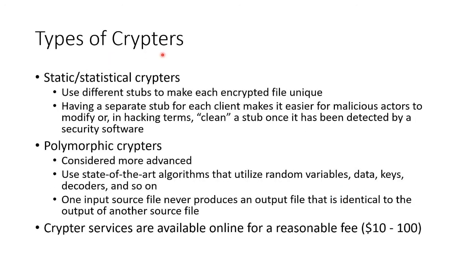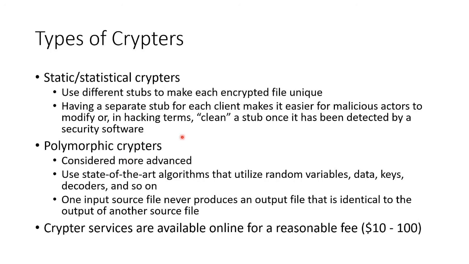Now, there are different types of cryptors. Some are what we call static or statistical. They start with a base software called a stub, and then each encrypted file is different. So it's really hard to follow any sort of trend or look for a common signature. You can clean out that base stub, and this way your malicious software looks different every single time, but you always start from a base.